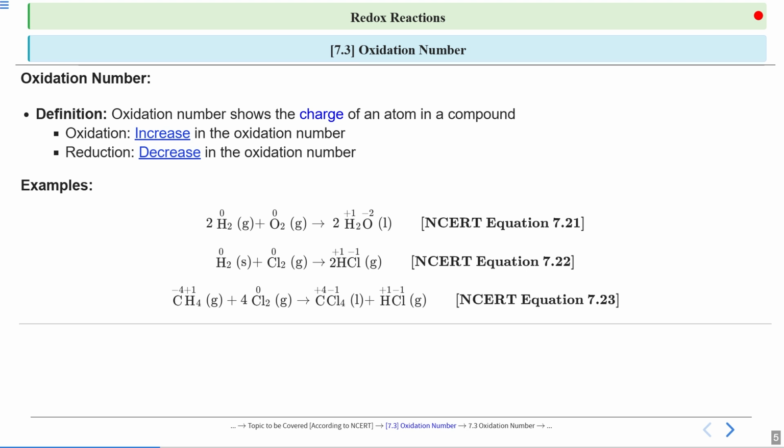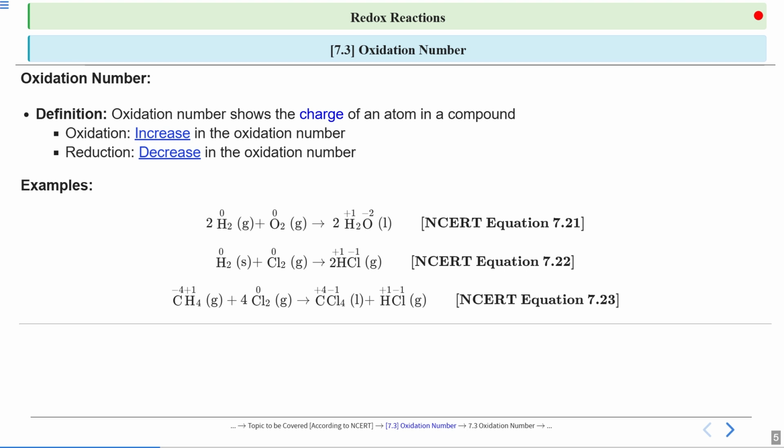Now, there is an important point: if we are considering the oxidation number in any reaction, or the change in the oxidation number in chemical reactions, we always assume that there is complete transfer of electrons from a less electronegative atom to a more electronegative atom.